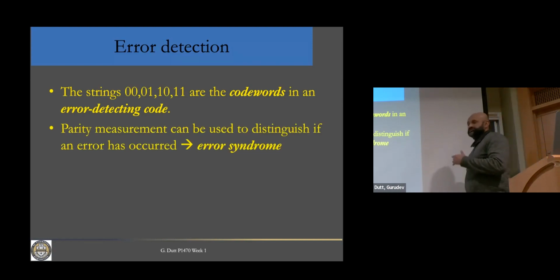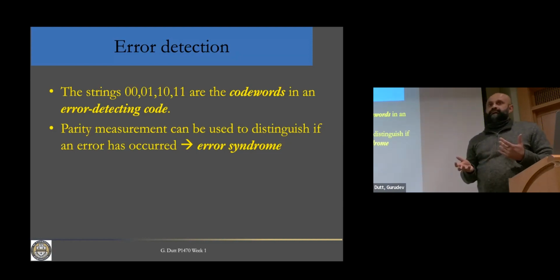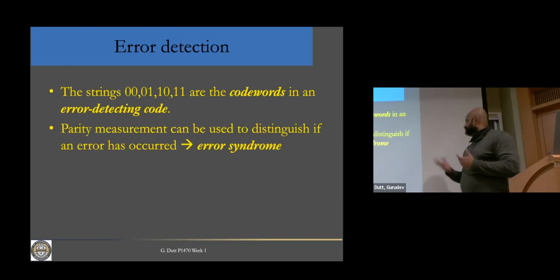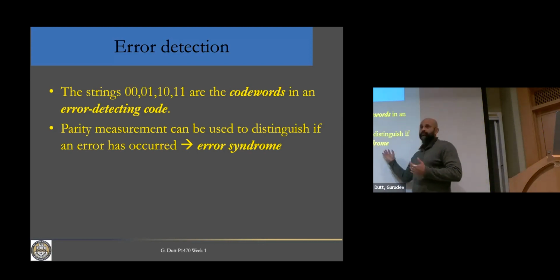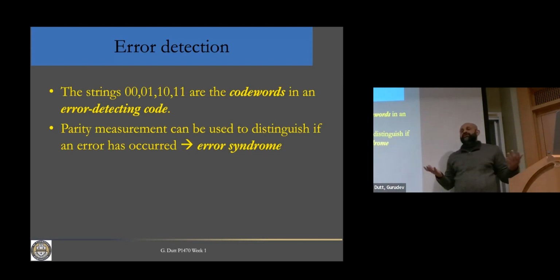And we can use the parity measurement, which is measuring the number of ones in the string, to distinguish if an error has occurred. Such a measurement is called an error syndrome. Basically, it's just a fancy way of saying I make some measurement, some circuit, which will detect whether the error has occurred or not.